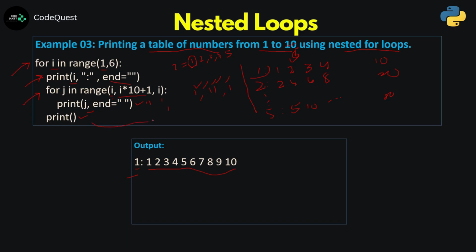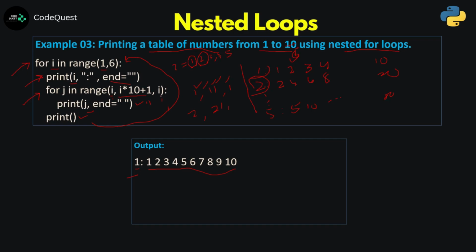Now once again I go down to the outer loop where the i value has now become 2. So this print statement is going to print 2, and then this j loop is going to start from, what is the i value now? It is 2, comma 2 into 10 plus 1, that is 20 plus 1, that is 21.